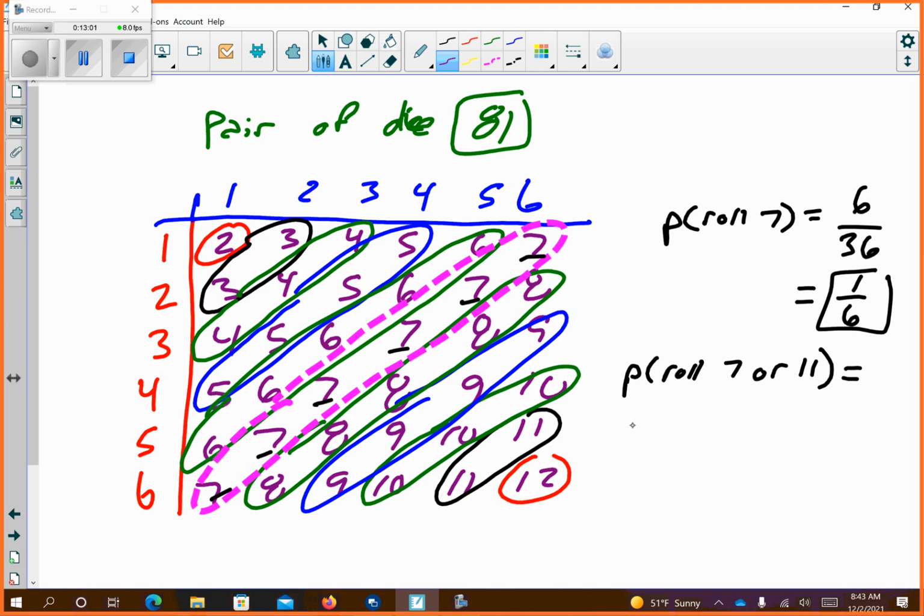So the probability to roll a 7 or an 11: well, a 7 is 6 outcomes, and 11 is 2, so I have 1, 2, 3, 4, 5, 6, 7, 8. I have 8 outcomes that are either a 7 or 11 out of the 36 outcomes. Reduce the fraction, so 2 goes into both. 2 goes into both. So we have a 2 in 9 probability of rolling a 7 or 11.